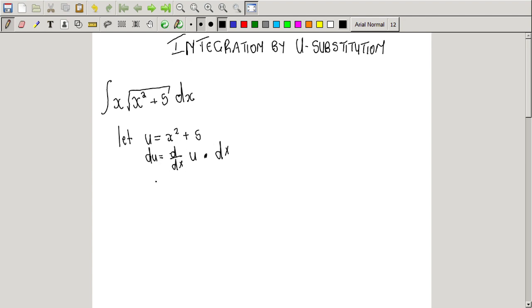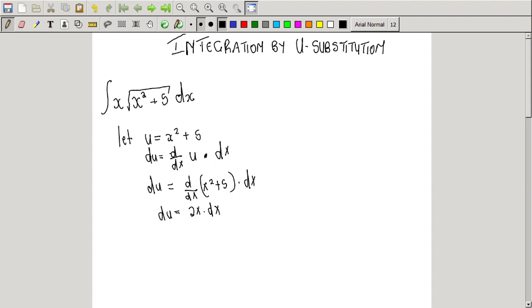Our u is this. Our du is going to be equal to d over dx of x squared plus 5 multiplied by dx. So our du is going to be equal to 2x multiplied by dx. So that is our du.